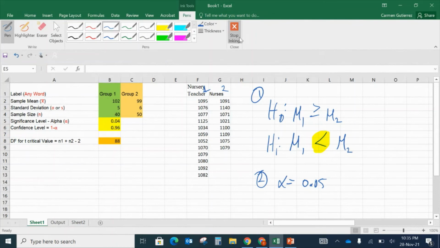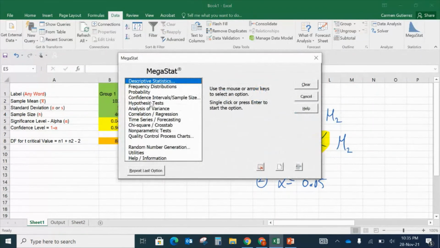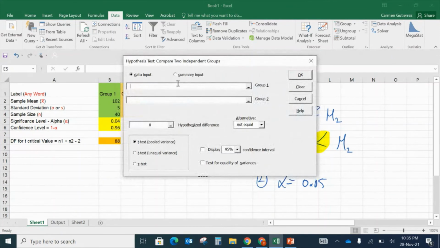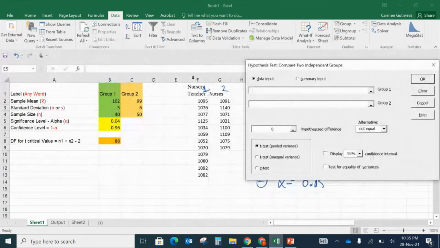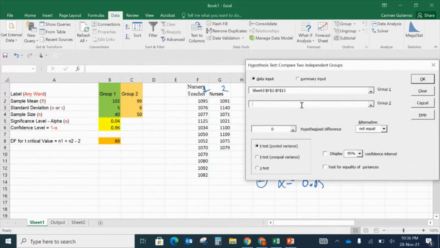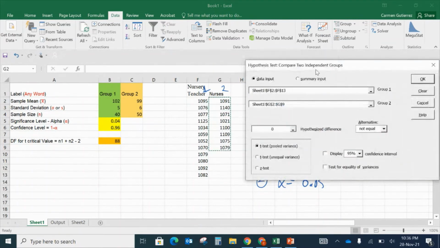Okay, so data, MegaStat, hypothesis testing, we are doing compare two independent groups. So we say data input, we have the first column. You only highlight the numbers, do not highlight the title. Second column, and we're doing a t-test.